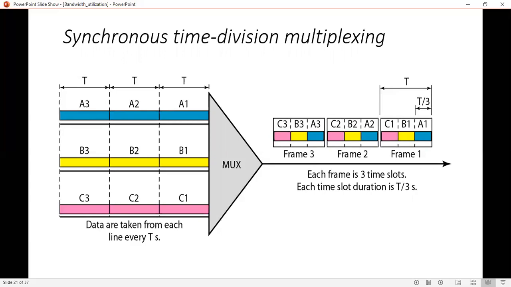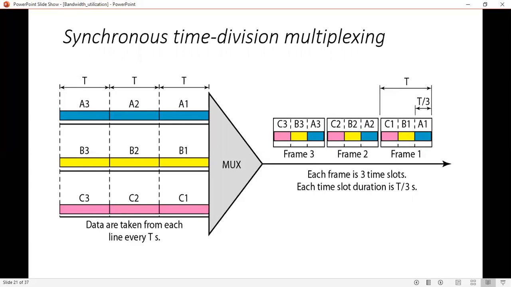Now these data units from the input lines are combined to form frames: frame 1, frame 2, frame 3. In frame 1 you have A1, B1, C1, which combine to form one frame. The second frame has A2, B2, C2. The third frame has A3, B3, C3. That's why it is called synchronous time division multiplexing.